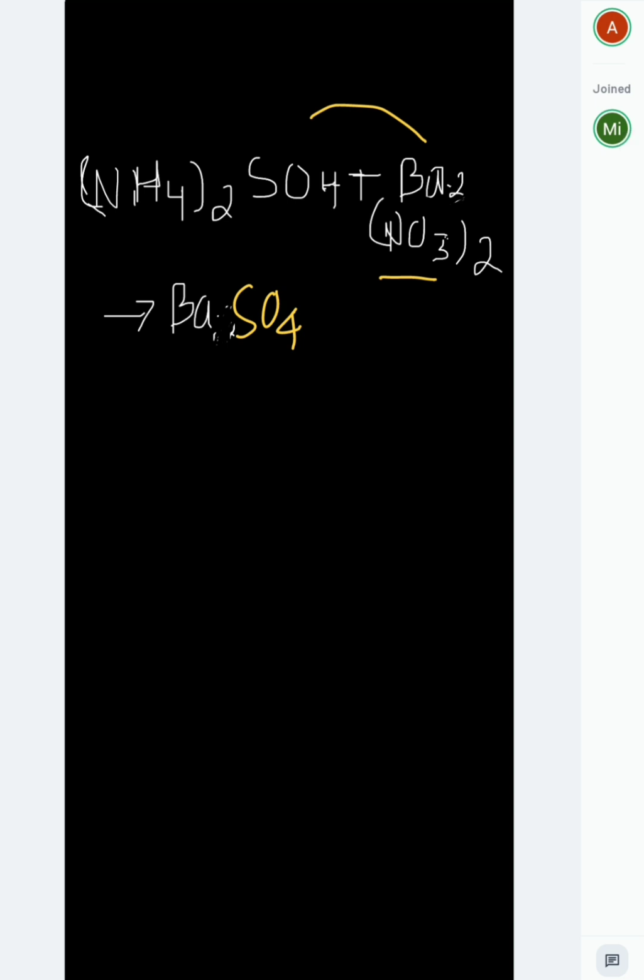But for barium nitrate, you don't have a subscript here, because for nitrate the charge is -1. So it should be Ba(NO3)2 and barium sulfate.